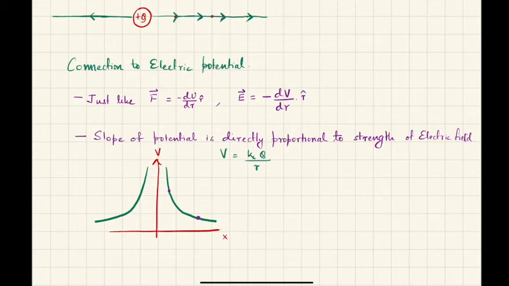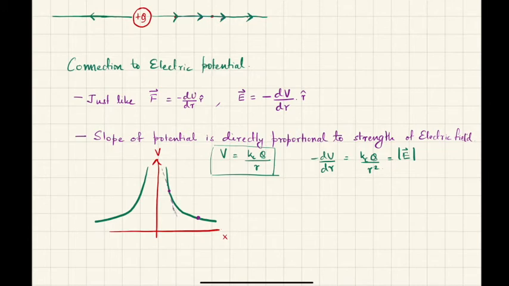If I now look at the slope of this, and remember that the form of the potential is k_c q over r, and if you do some calculus, you will see that minus dV/dr is nothing but k_c q over r squared, which looks exactly like the strength, or the magnitude, of the electric field. So, if I wanted to look at the slope, say at this particular point here, how do I look at the slope?